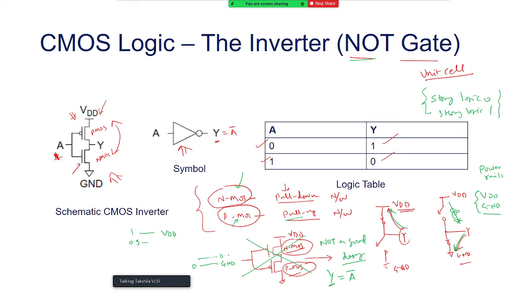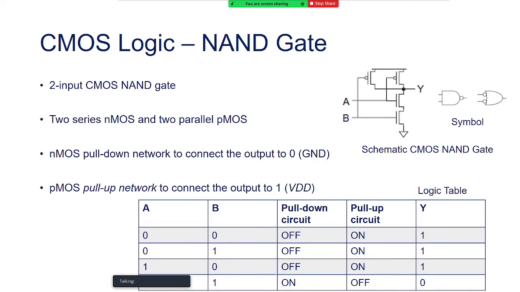It could be 0.1 or 0.2, something like that, not the full logic 0. So this is called degraded logic. I'll explain a little more how the degraded logic is produced when you swap the position of the pull-up network and the pull-down network.